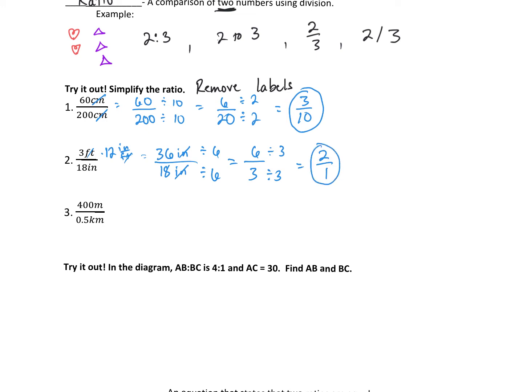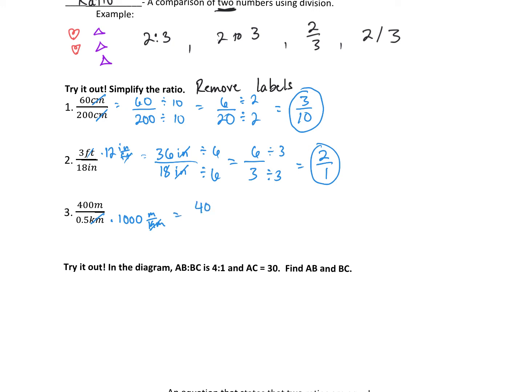Let's look at the next one. Meters and kilometers. There are 1,000 meters in 1 kilometer. So if I multiply the denominator by 1,000, this means my kilometers cancel out.